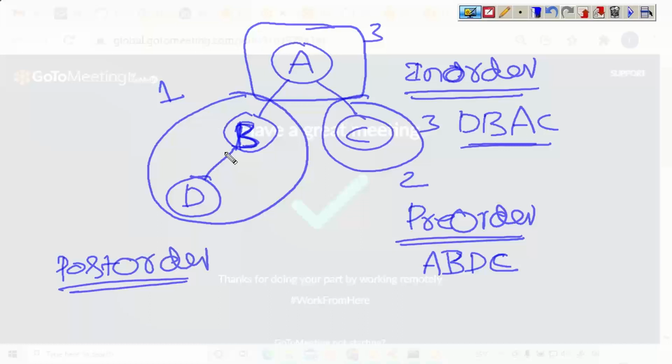So left is D. Then what is the root? B. So first is D. Then we would go to the right side, but it is not there. Then go for the root. So one is over, then two. What is the two? Then A. Understood?